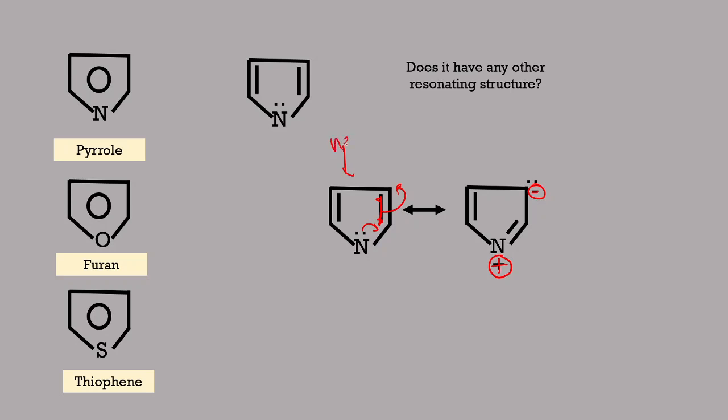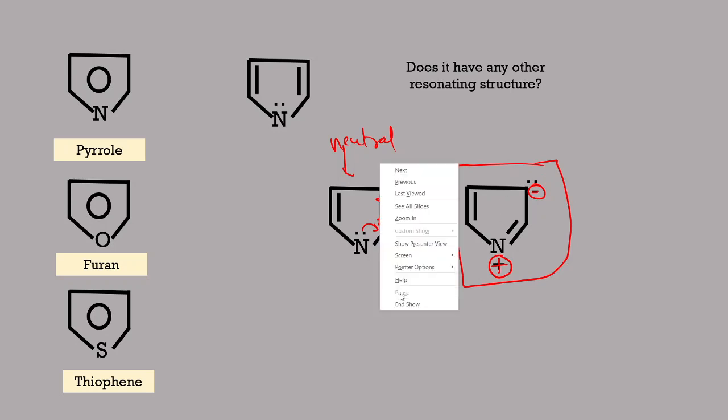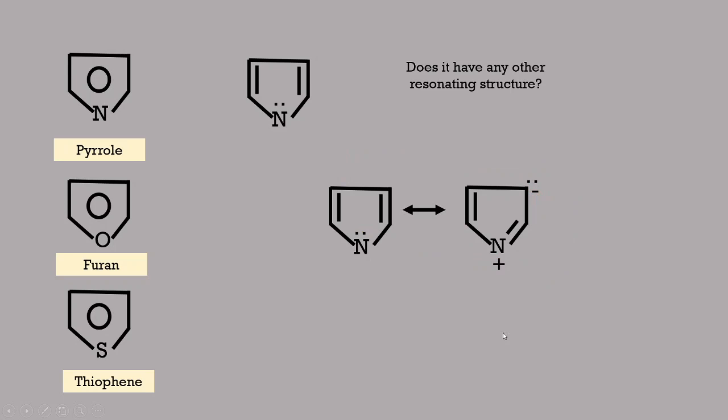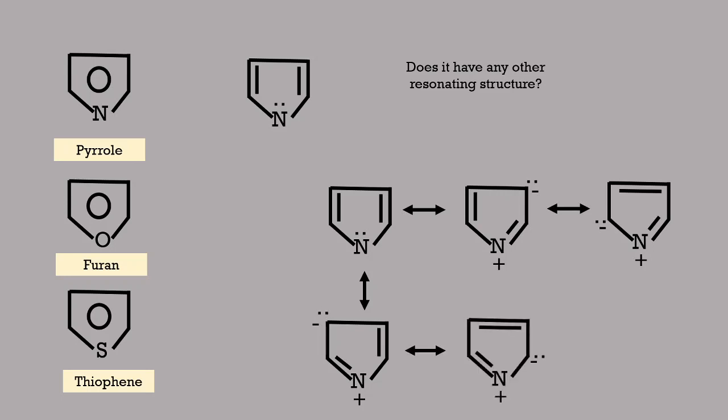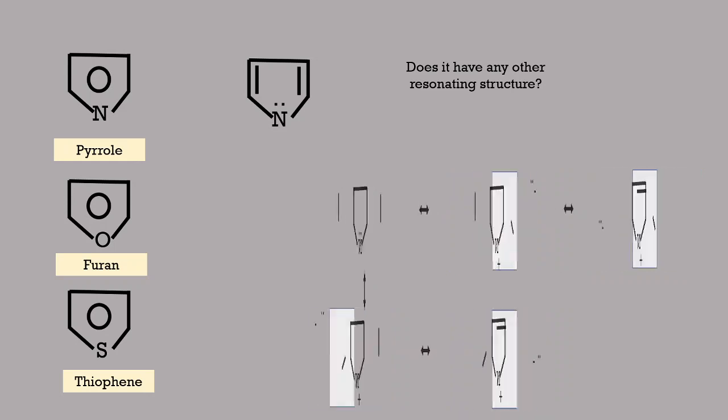This one is neutral, isn't it? But it has two charges on it. So you can draw resonating structures that way, and by conjugating you can draw 5 of them, but they will not be that important.